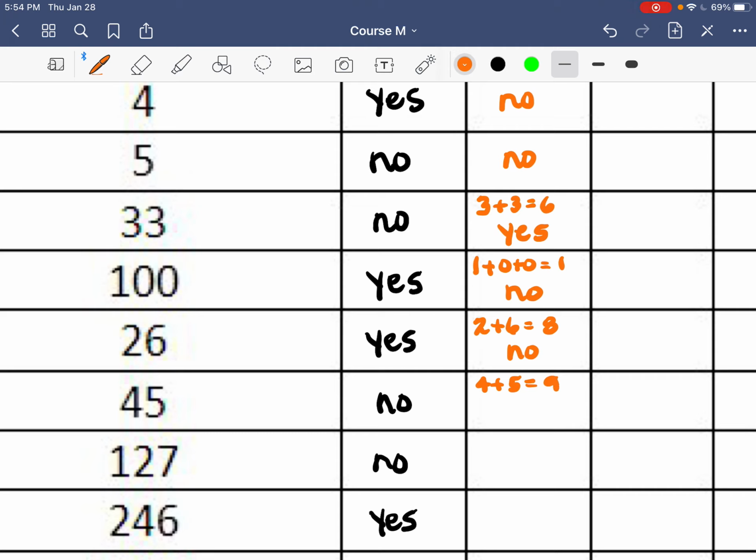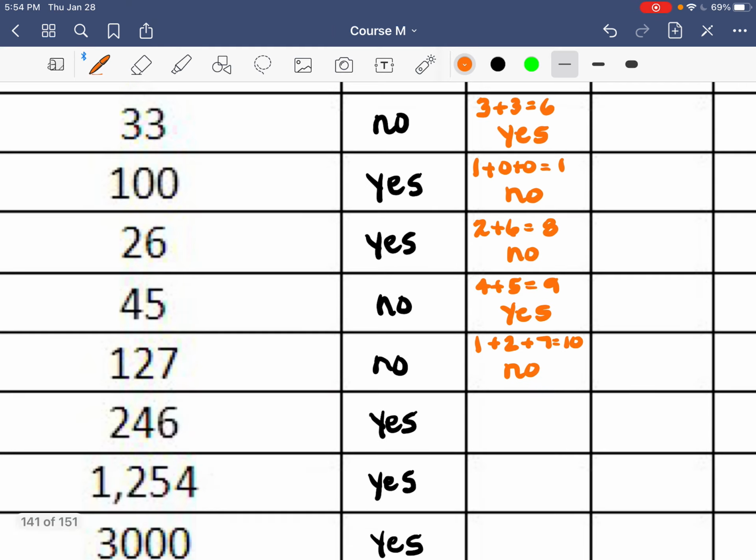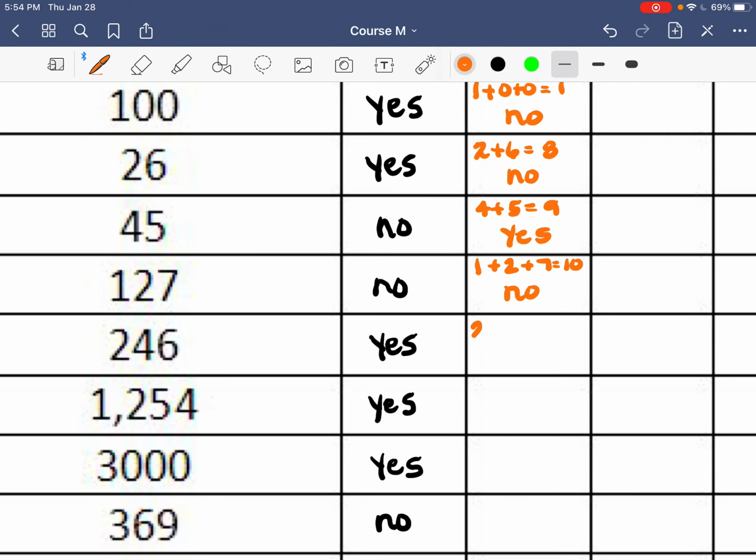That is divisible by 3. 1 plus 2 plus 7, that is 10, and that's not divisible by 3. 2 plus 4 plus 6, that is 12. That is a yes. 12 will divide by 3 without a remainder.